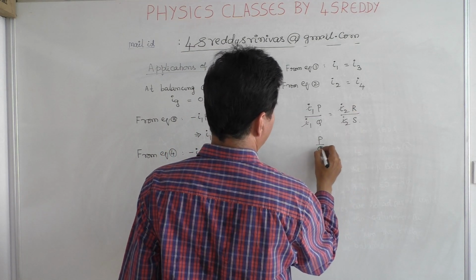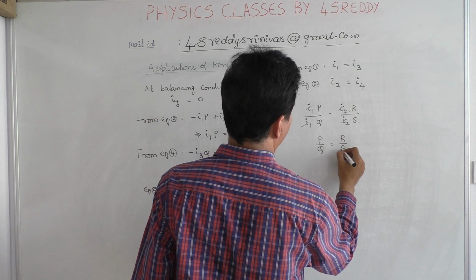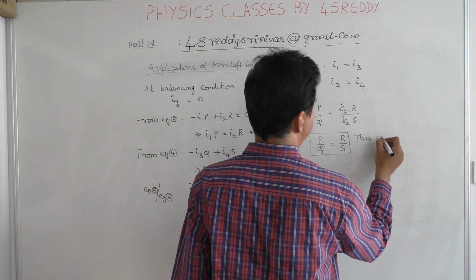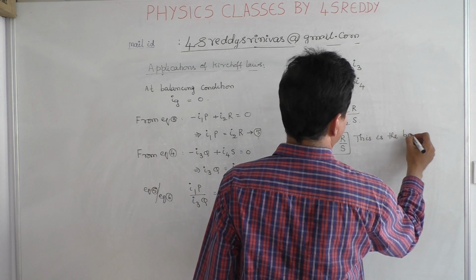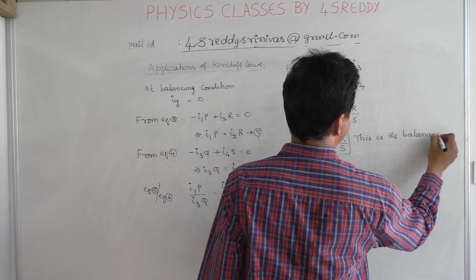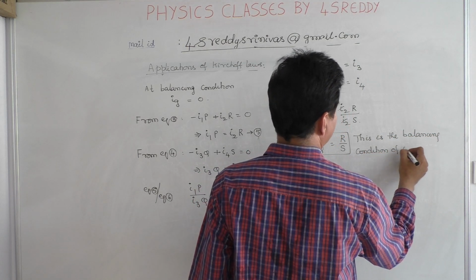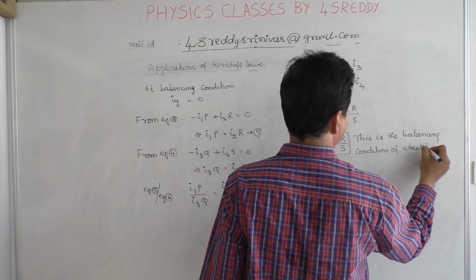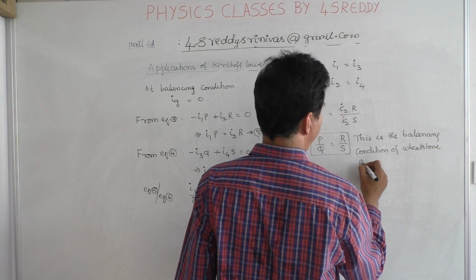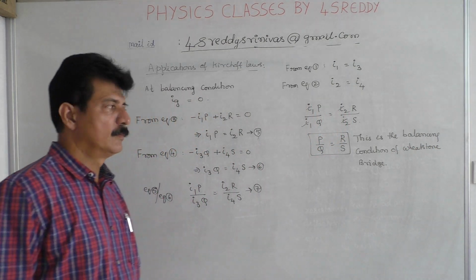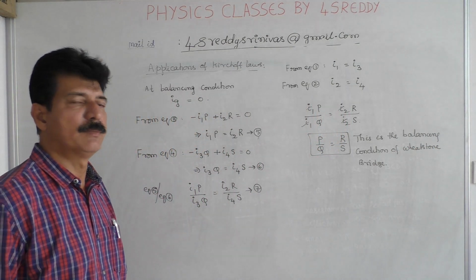Therefore, P by Q is equal to R by S. This is the balancing condition of Wheatstone bridge. This is the balanced condition of Wheatstone bridge.